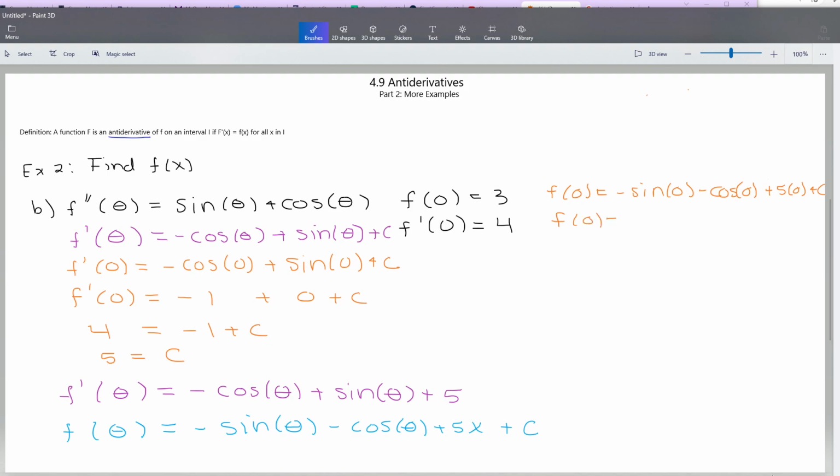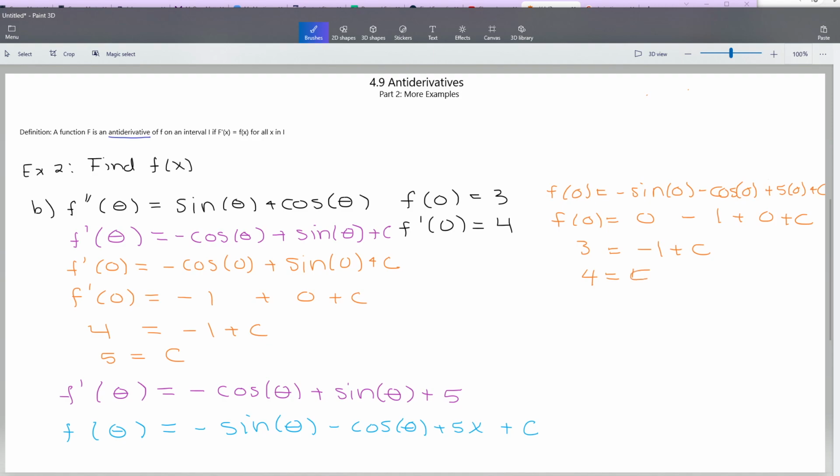So sine of 0 is 0. Cosine of 0 is 1. 5 times 0 is 0, plus c. So f of 0 is supposed to be 3. So I get that c is 4.